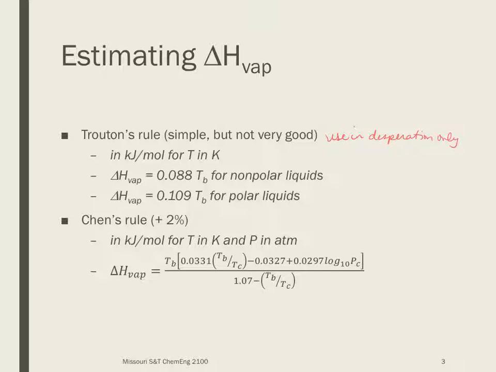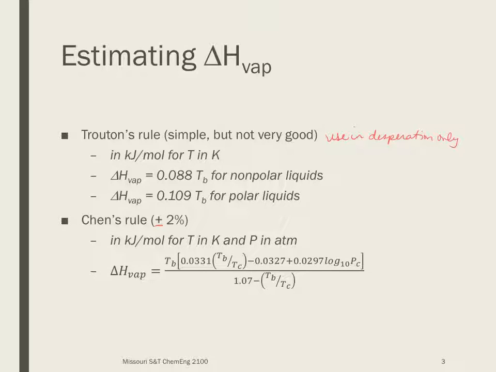There's also something called Chen's rule, which is actually pretty good. It's going to be plus or minus 2%. There's a minus underneath there. If you use temperature in Kelvin and pressure in atmospheres, this will get you a heat of vaporization in kilojoules per mole.